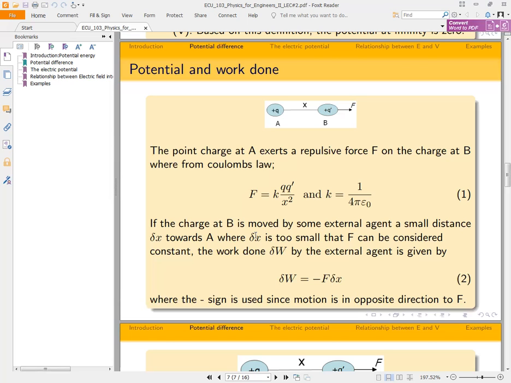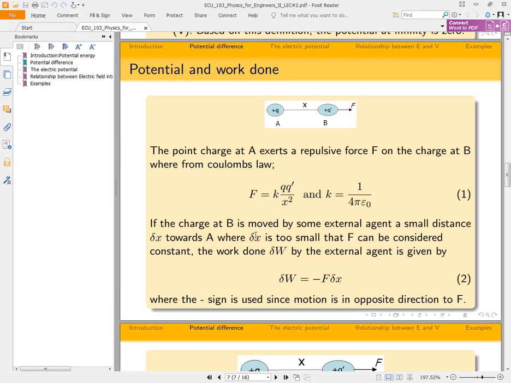Because of that, the work done will have a negative sign, because the direction of the displacement and the direction of the force are opposite each other.